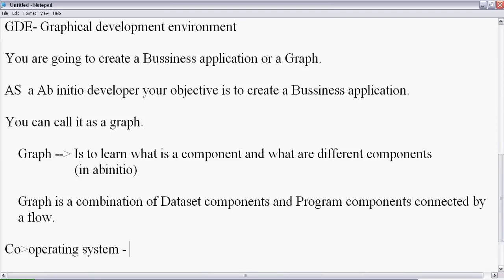The cooperating system is an engine for your graph to run.